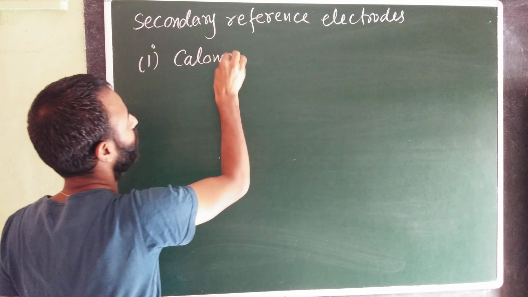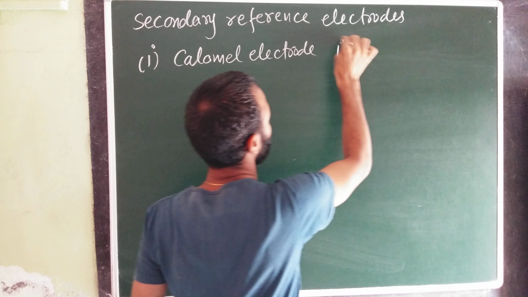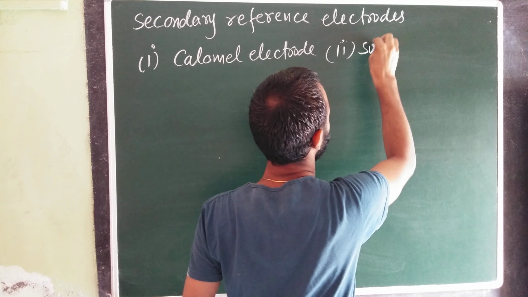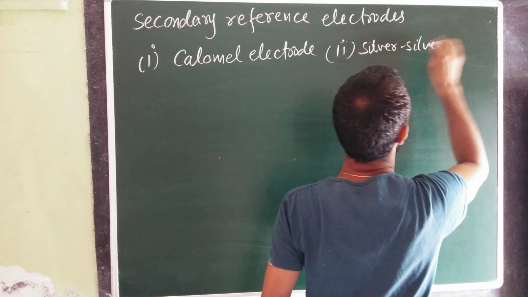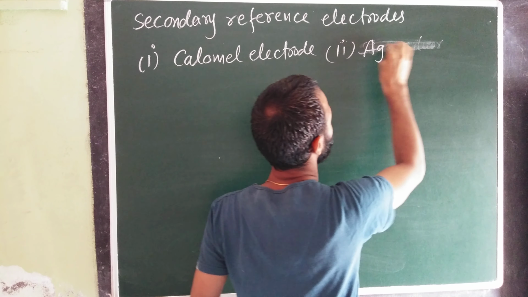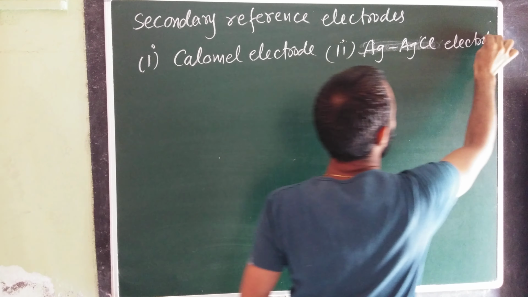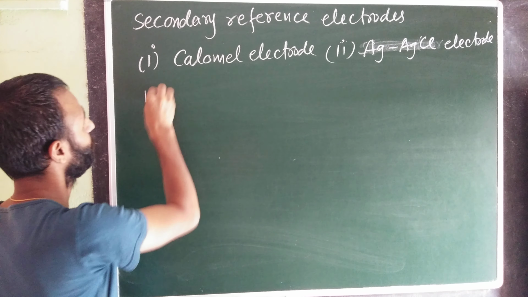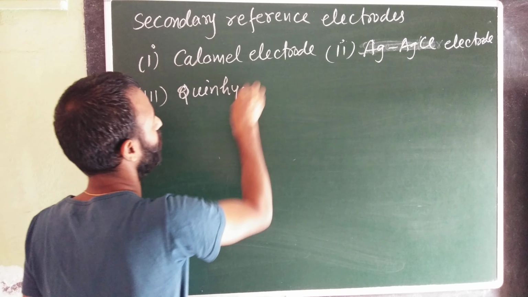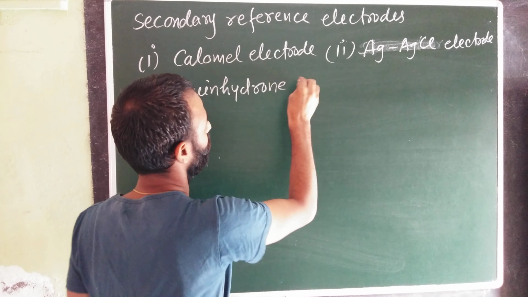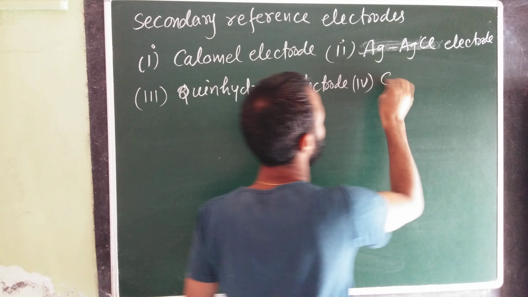So those secondary reference electrodes are calomel electrode, silver chloride electrode, quinhydrone electrode, and glass electrode.